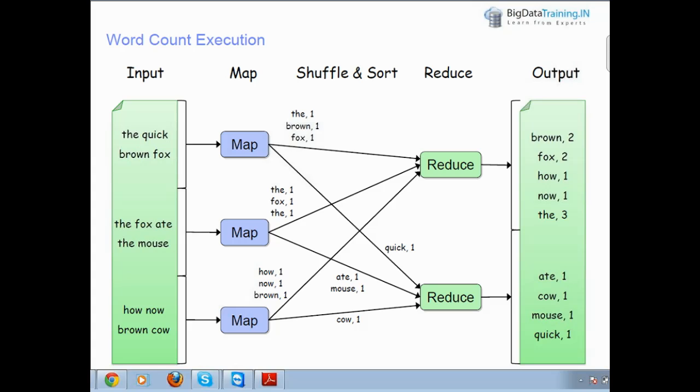When I give 650 MB of data with a 64 MB default block size, how many HDFS blocks do we get? 650 divided by 64 gives around 11 blocks: 10 for 640 MB, and the remaining is considered another block.